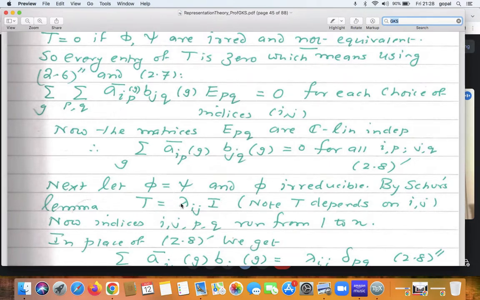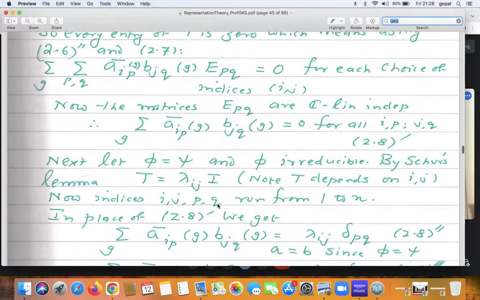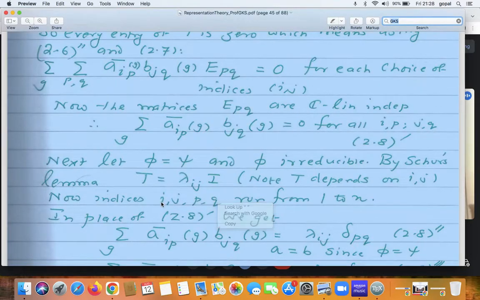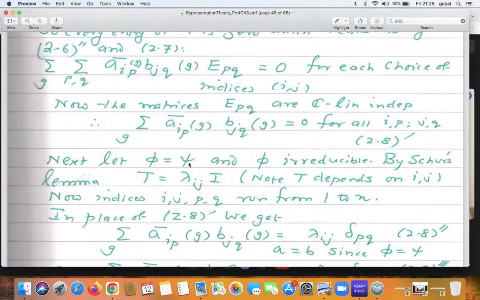So T must be lambda_ij times capital I. Now if phi and psi are equal, they are both square matrices of the same size, so all indices ij, pq will run from 1 to n. So in place of 2.8 prime, we will get a_ip bar(g) b_jq(g) must be lambda_ij delta_pq, right? Because it is a scalar, lambda_ij times I.